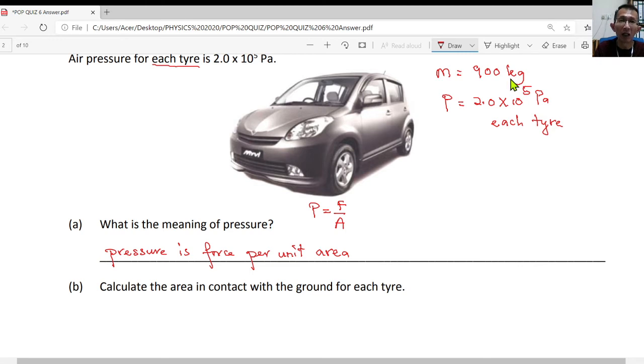I repeat, the mass, 900 kilogram, will produce weight equals mg. The weight would be 9,000 newton. This weight will be distributed equally among the 4 tires, meaning 9,000 divided by 4. So every tire will have its own amount, about 2250, if I'm not mistaken.